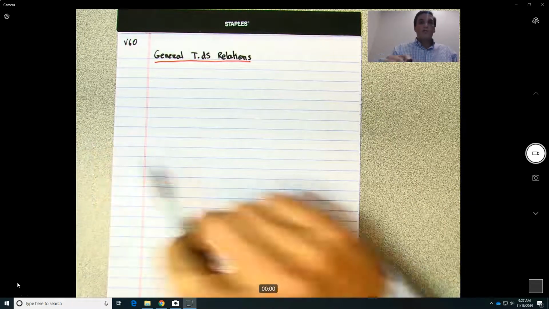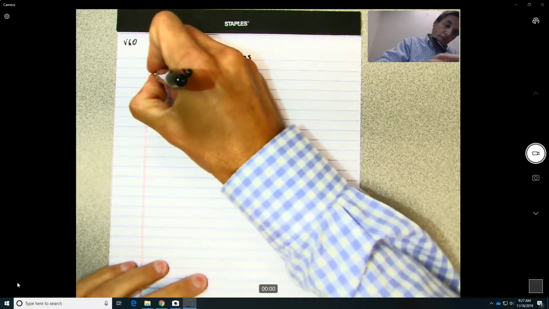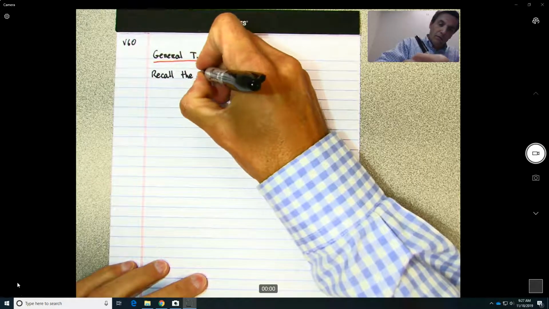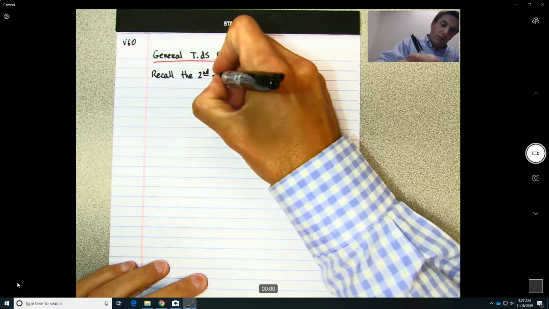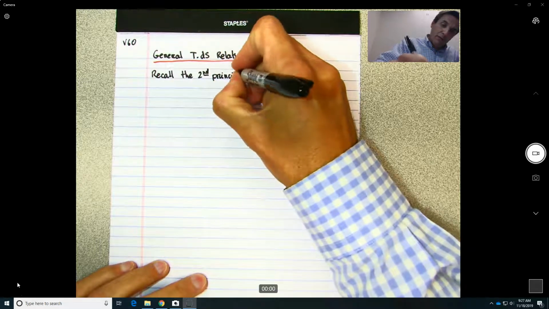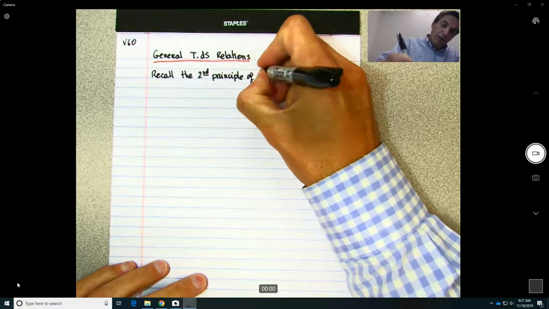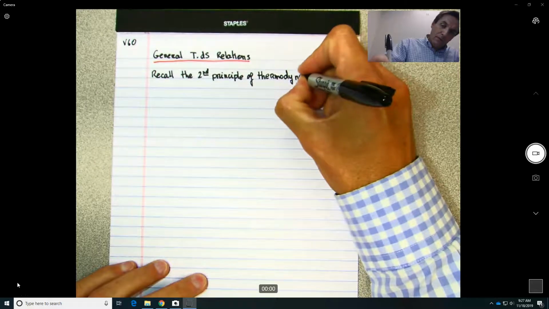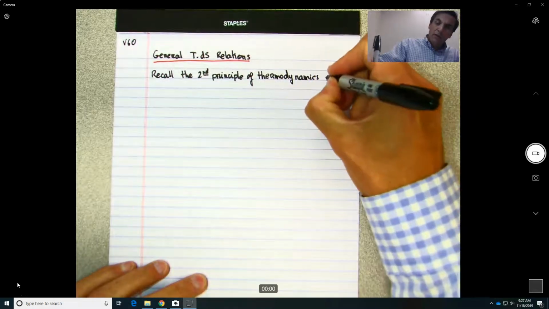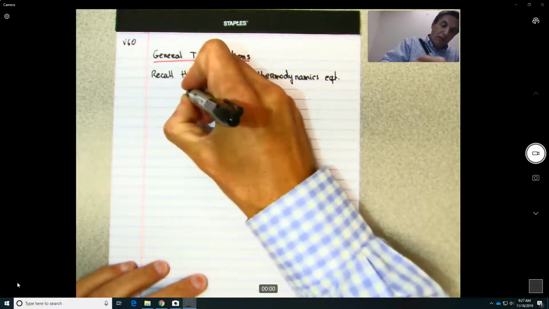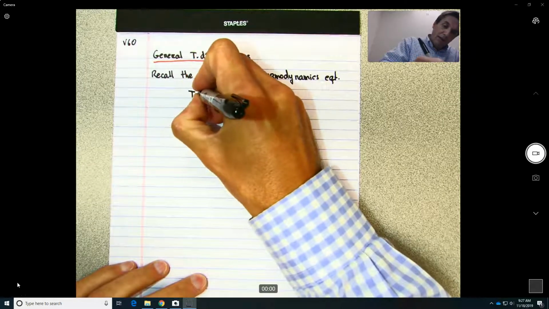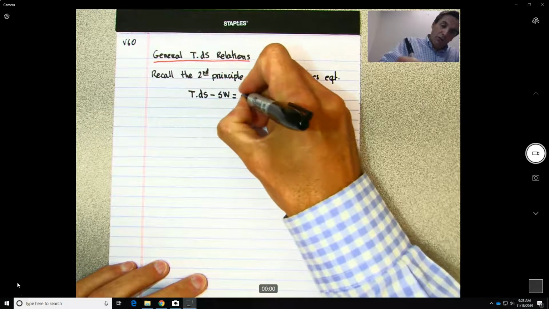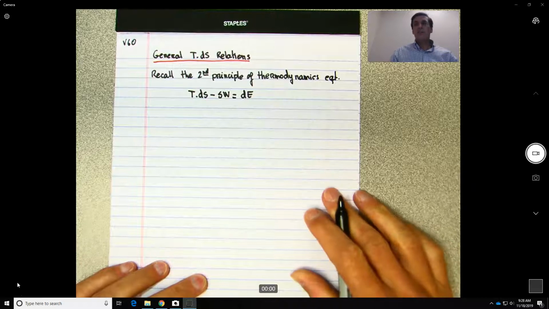Basically the only thing we need to do is to recall the second principle of thermodynamics equation, which is what? T dS minus the work equal to the change in energy.